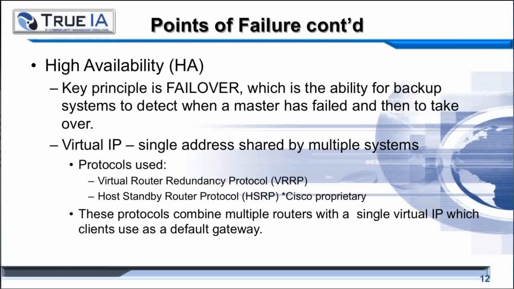That's Cisco proprietary. However, it does allow you to have multiple failover devices to minimize the damage of any one single failure. These protocols combine multiple routers with a single virtual IP, which the clients use as their default gateway.